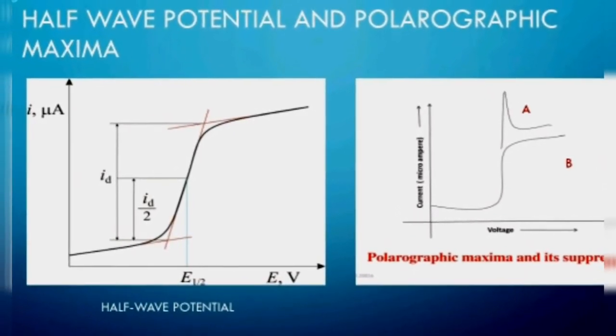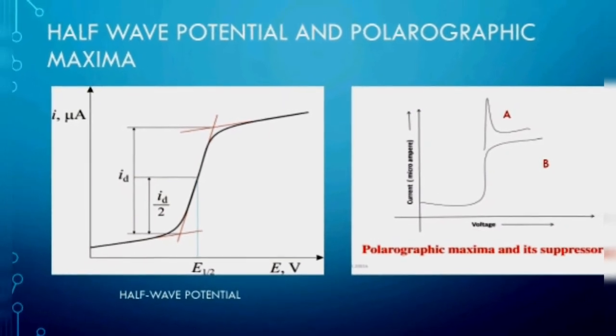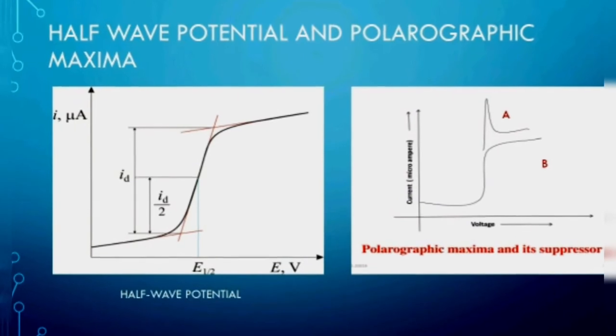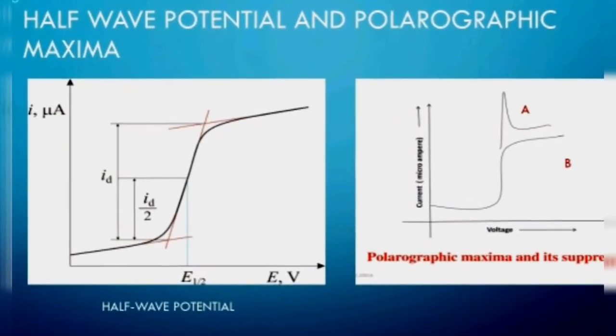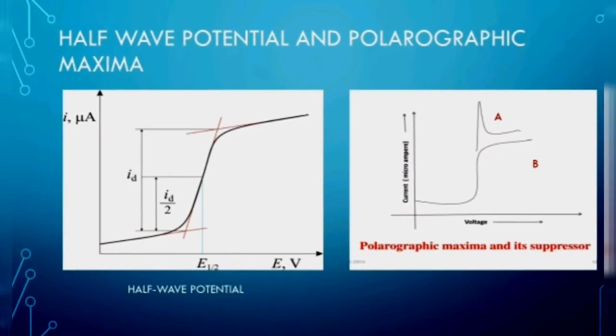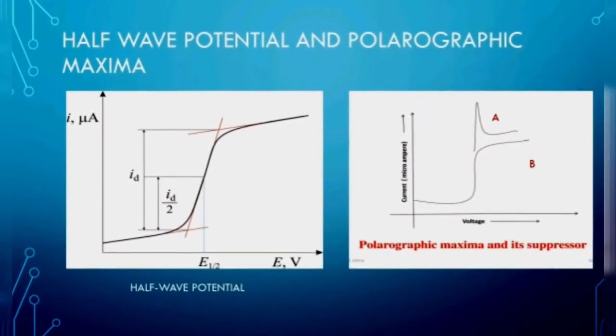I'm showing a picture of the graph where you can see the half wave potential. This half wave potential will vary from one electroactive species to another. So this is only going to help us understand the applications of polarography.